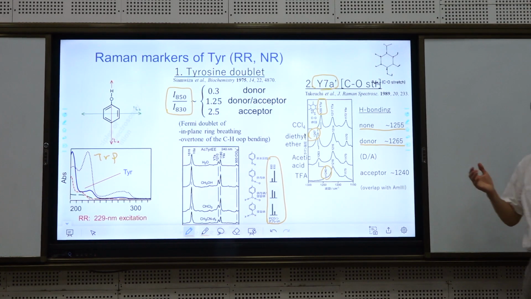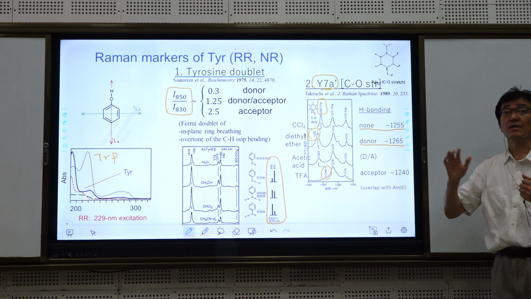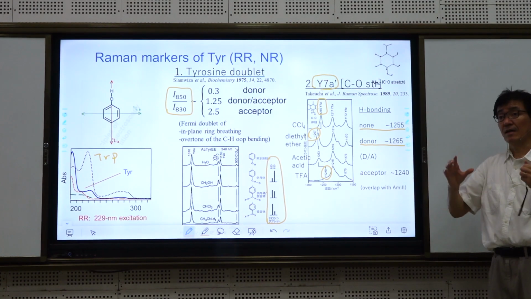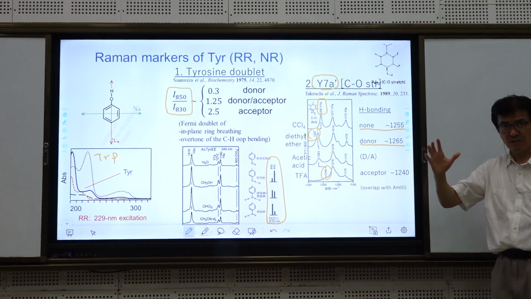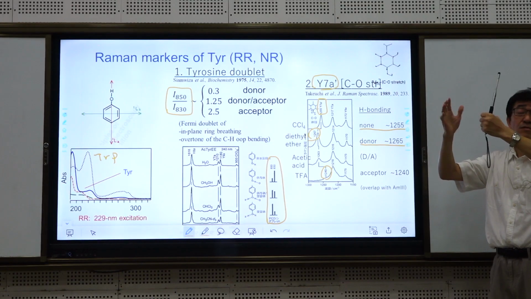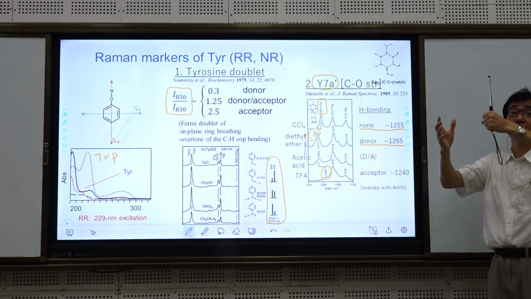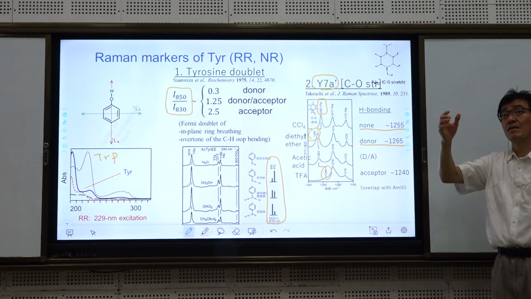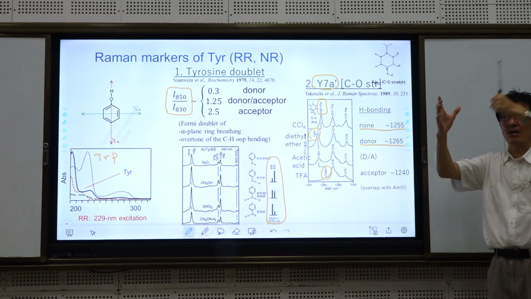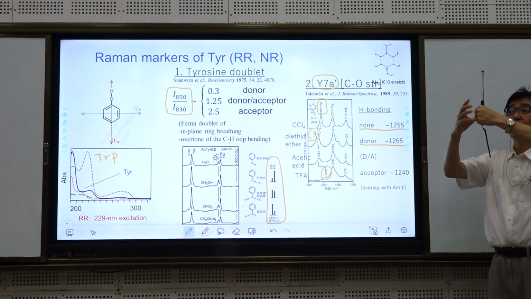Sometimes tryptophan or tyrosine is located at the center of the ligand binding site, and when the ligand binds to the protein, the environment of tyrosine or tryptophan changes largely, and hydrophobicity changes. Initially it is exposed to water, but when the ligand comes, it becomes hydrophobic.